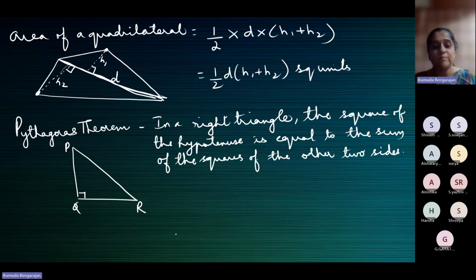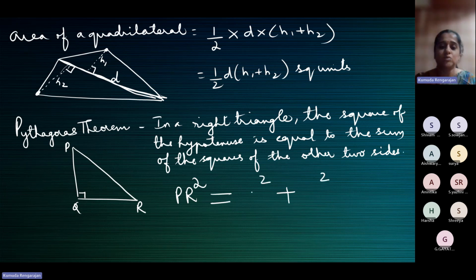So the square on the hypotenuse is PR. The square on the hypotenuse is equal to the sum of the squares of the other two sides.